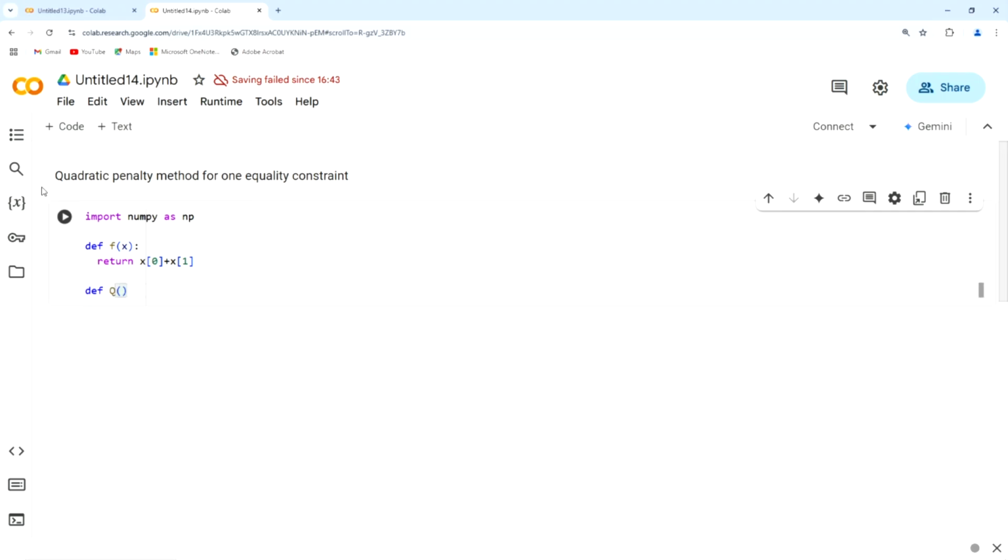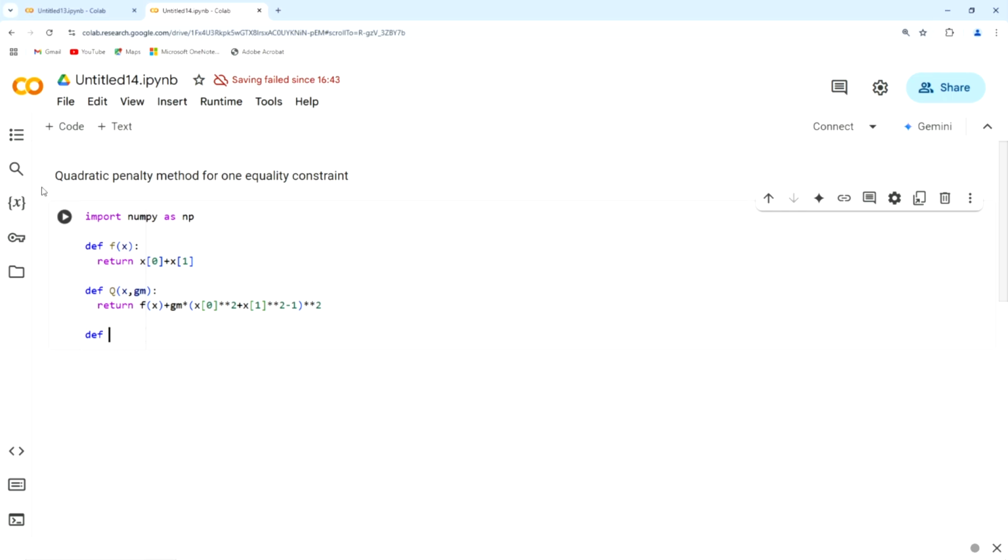So, Q of x comma gamma, where gamma is what I am representing as gm here, is going to be f of x plus gamma into x of 0 squared plus x of 1 squared minus 1, the whole squared.